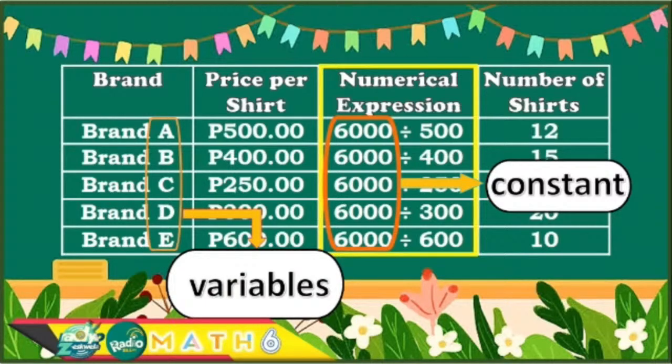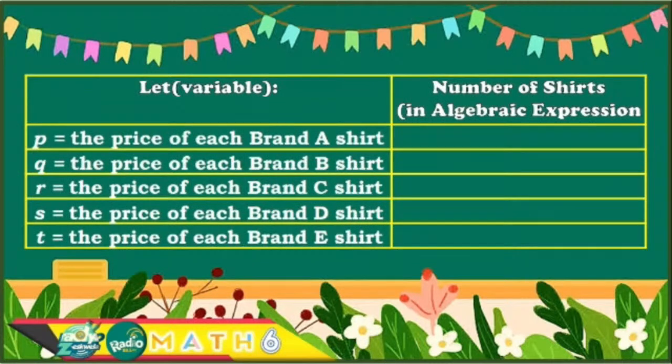Keep in mind that a variable can be any letter or symbol used to represent a number. So, let's consider the letters P, Q, R, S, and T to stand as our variables.